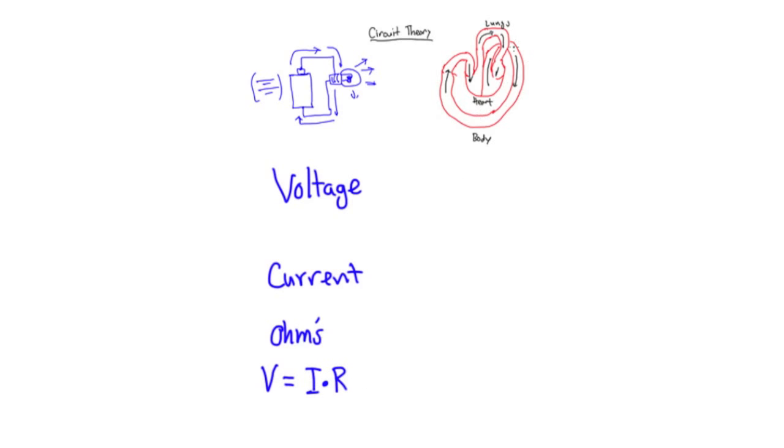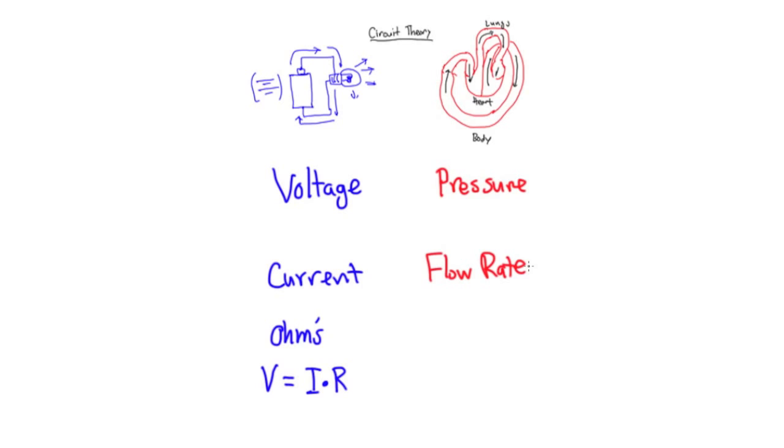Now, with the water analogy or hydraulic systems, voltage and current correspond to two things called pressure and flow rate. Like voltage, which is the gradient that causes electrons to flow in a specific direction, pressure is the gradient that causes water to flow in a specific direction.